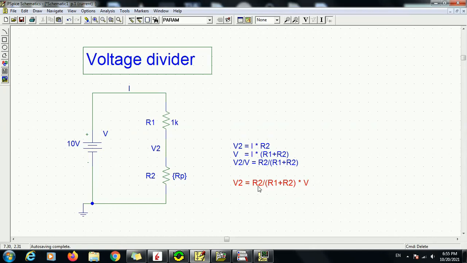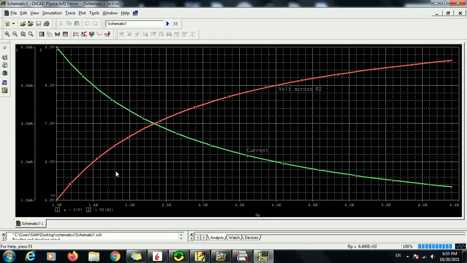So let's do the simulation for this. In the results of the simulation, we have in red the voltage V2 across the resistor R2, and in green the current in the whole circuit. Since the two resistors are in series, the current is the same in both resistors.